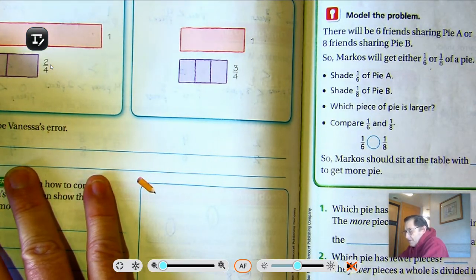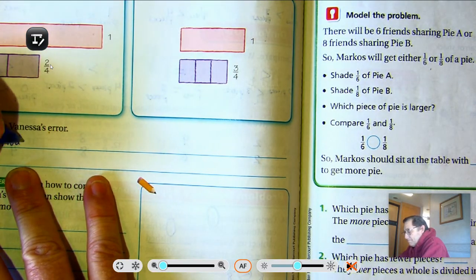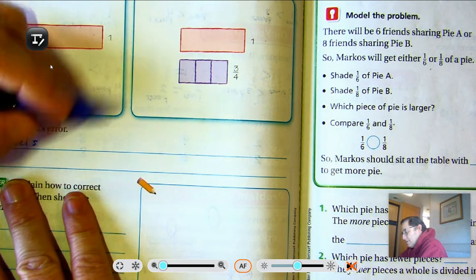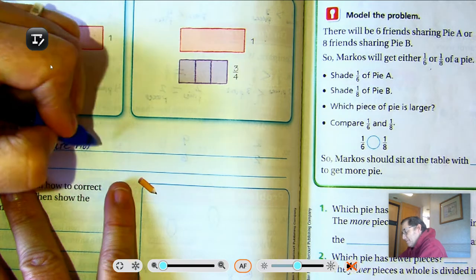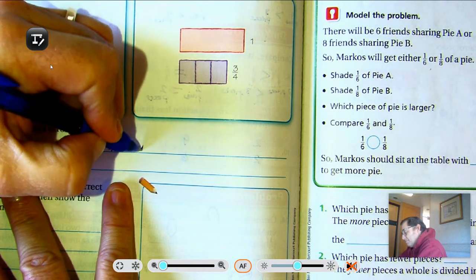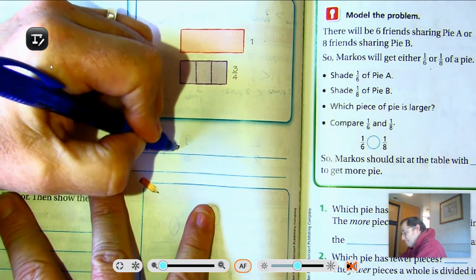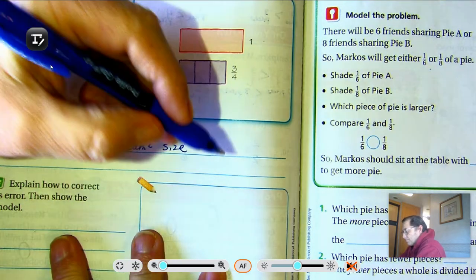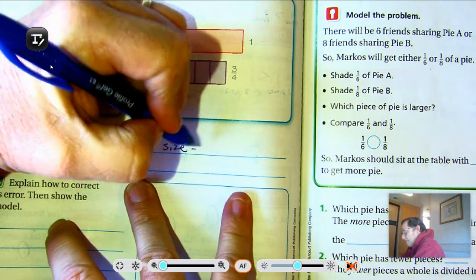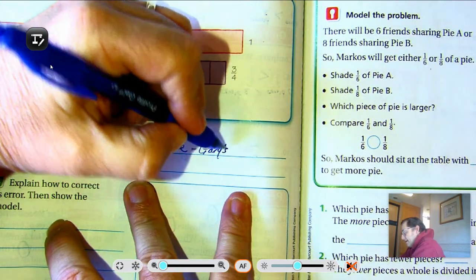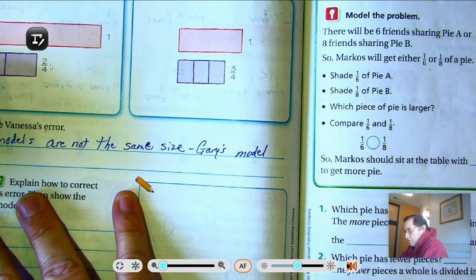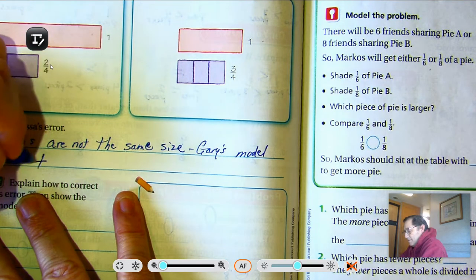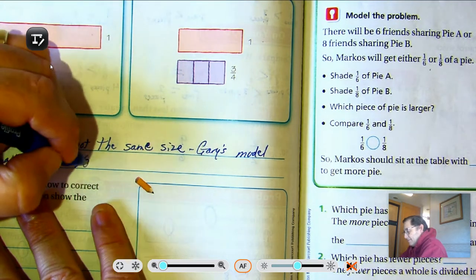So describe Vanessa's error. The models aren't the same. The models are not the same size. Gary's model is smaller than Vanessa's.